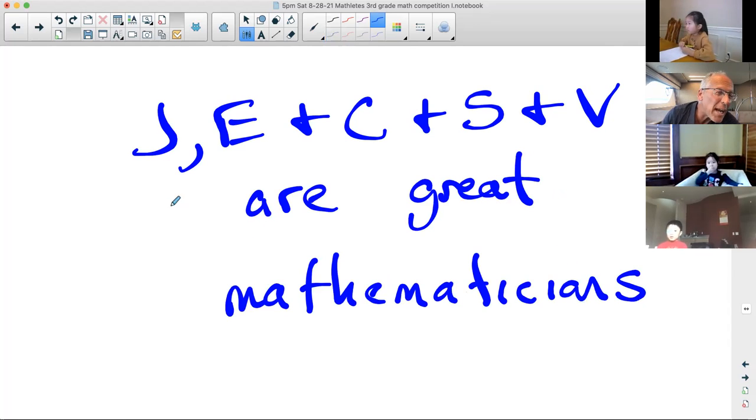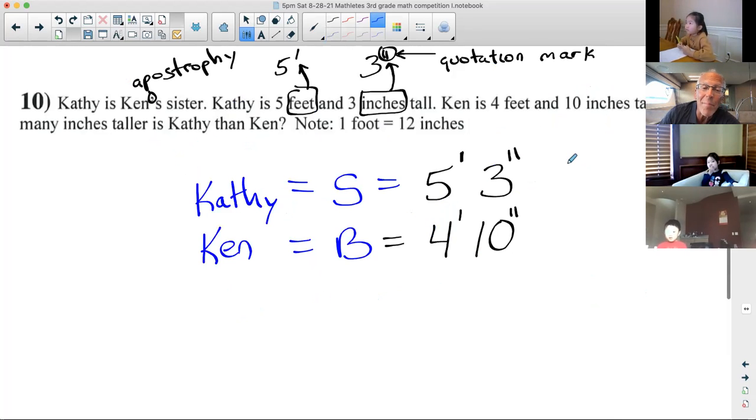And if Mr. Kramer said it, I would put it in quotations. Now that doesn't mean inches. It just means that Mr. Kramer just said that Jason and Eleanor and Catherine and Stella and Valerie are great mathematicians. And that's what quotation marks do in English. But in mathematics, it means inches.